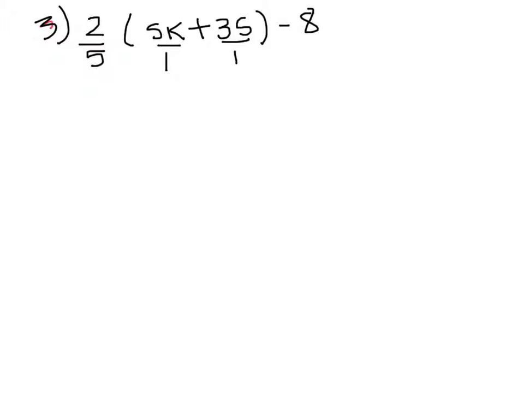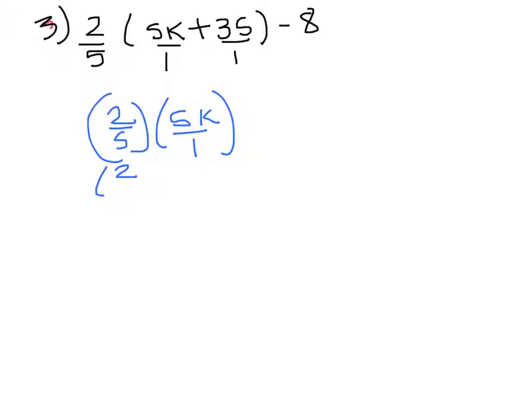What we are actually saying when we are multiplying these two is this. We're saying 2/5 times 5k, and we're also saying 2/5 times 35. And because we're saying this, we say into 5 and into 5, since both are this whole number and the fraction is multiplying, I am able to reduce.